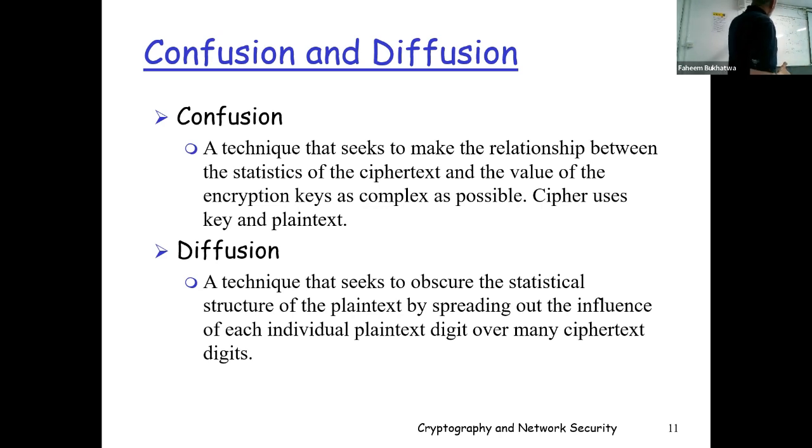The way it works, every box will take 6 bits fed into the box and 4 bits come out. And the box actually feeds it out based on a matrix. So every box inside is like a table of 4 rows and 16 columns.